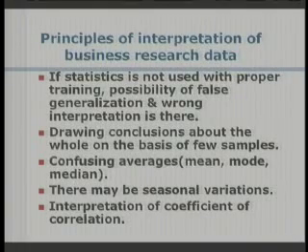Then interpretation of the coefficient of correlation, that again people might think what should be the value, what should be the significance level. You have to understand the sample size and all this. So, the interpretation of the correlation coefficient itself sometimes might lead to wrong interpretations.